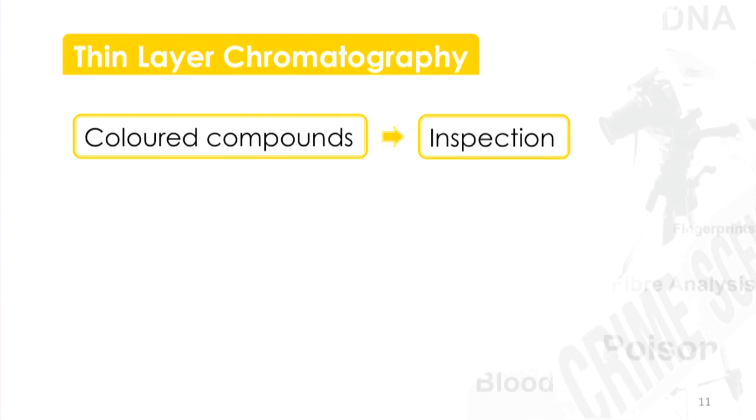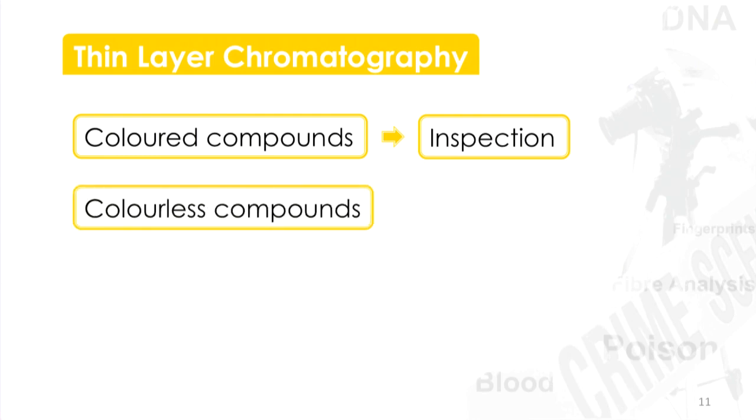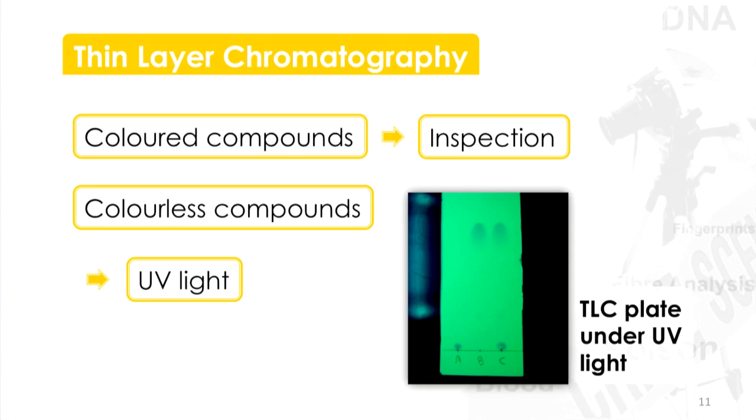But most organic compounds are not colored. They are colorless. So you can't see them just using your naked eye. So there's a whole range of techniques for making these spots show up so that you can see them. The simplest one, which works for a lot of compounds, is simply to put the TLC plate under a UV light, and then the spots fluoresce, and you can see these purple spots on this green background under a very simple UV light.